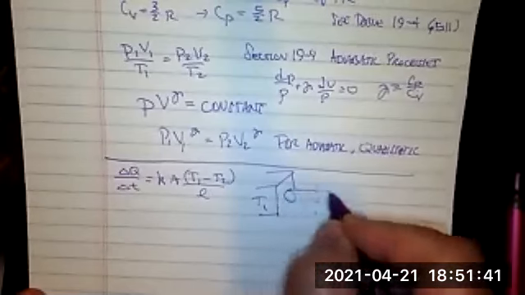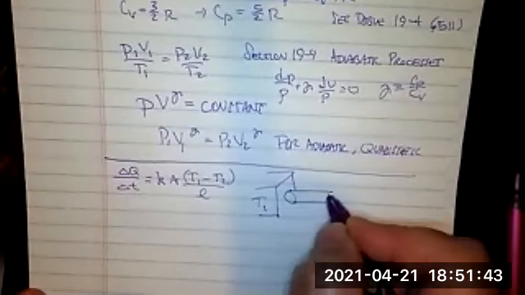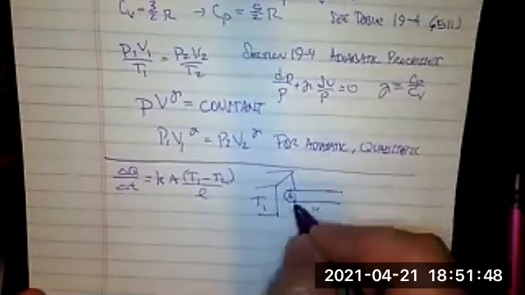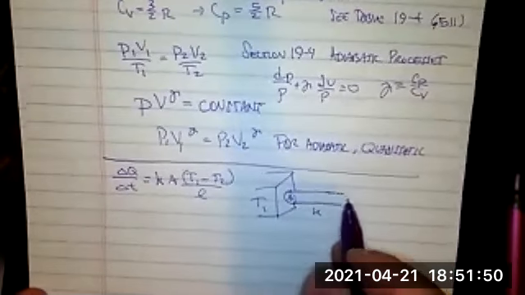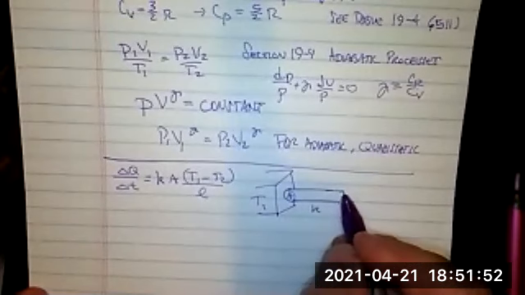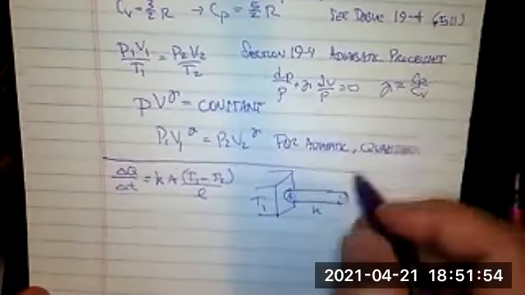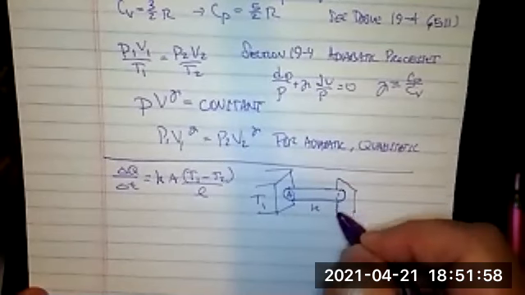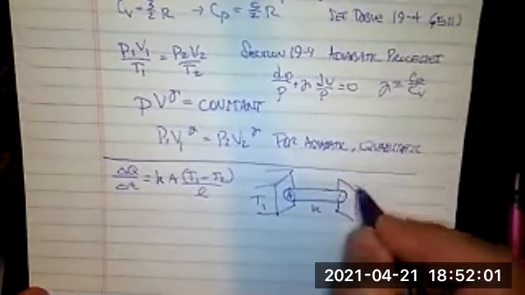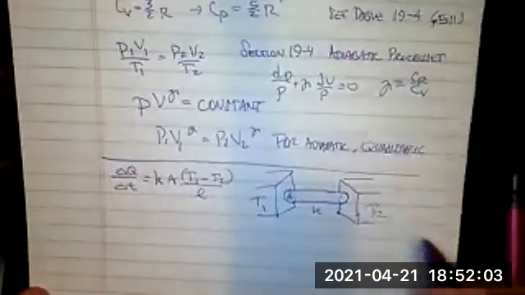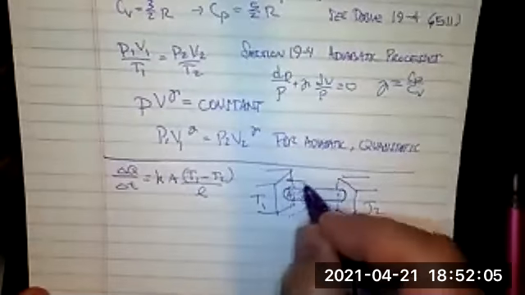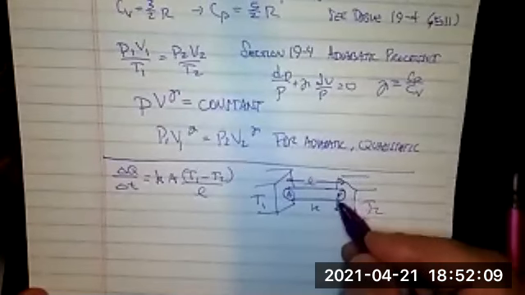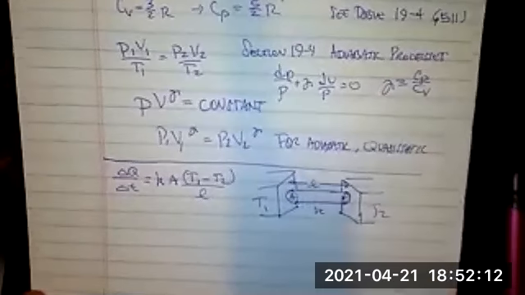And then I have a little tube of that material of constant K, which has a cross-sectional area A. On the other end of that cylinder there is another heat reservoir, and that heat reservoir has a temperature T2. This distance from here to here is L, and of course that surface area, which is the same as that surface area, is A.